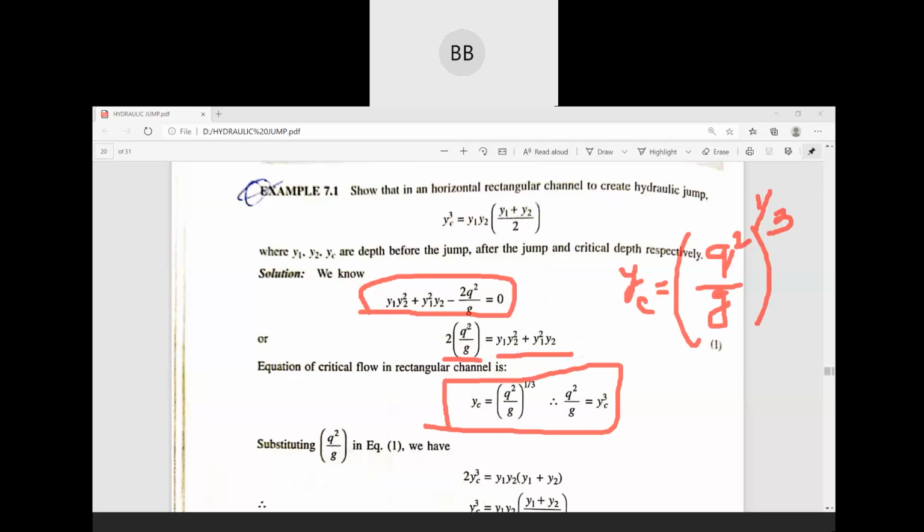Substituting this term in this expression, q square by g is there. So in place of this, we can write yc cube, because in the question we need yc cube.